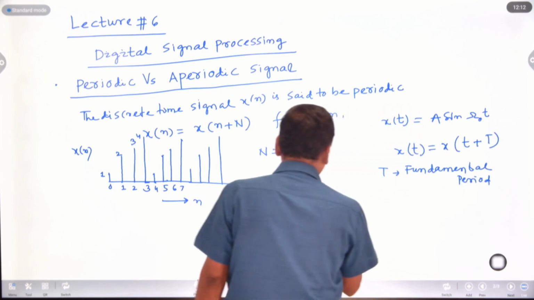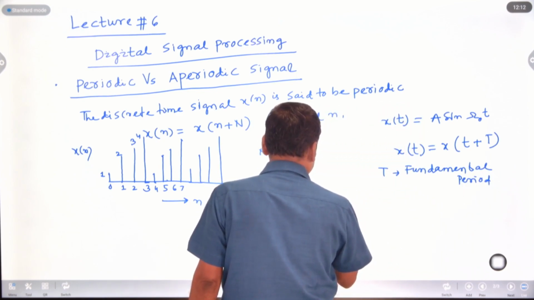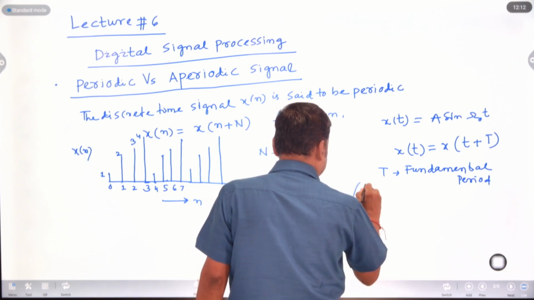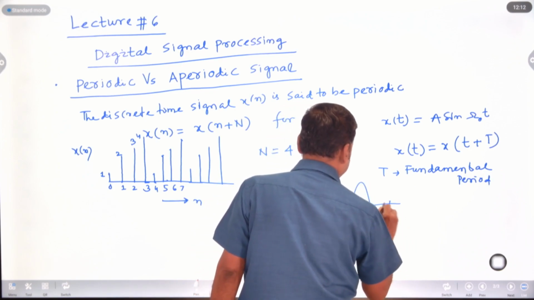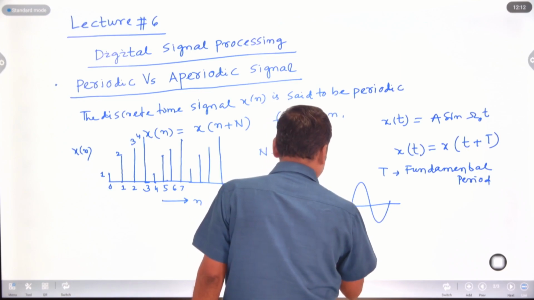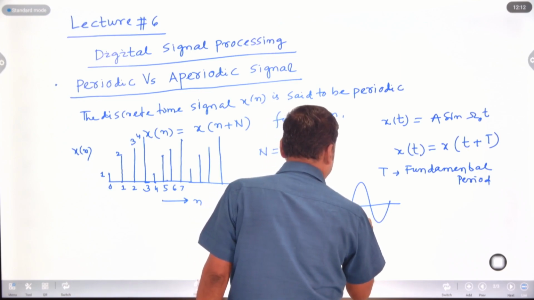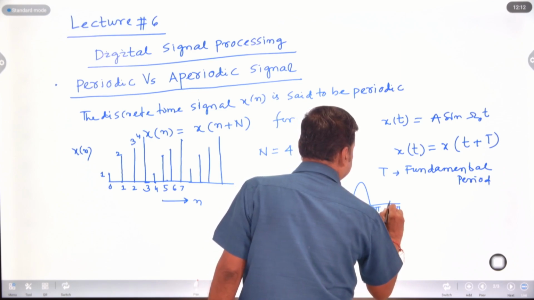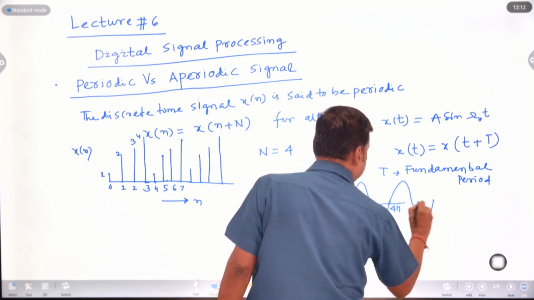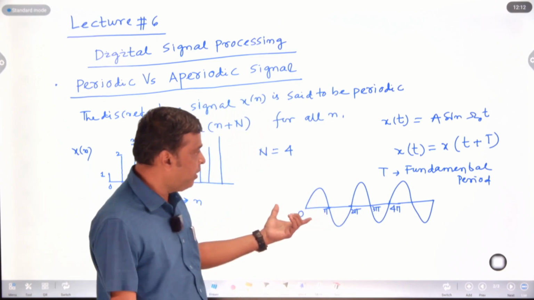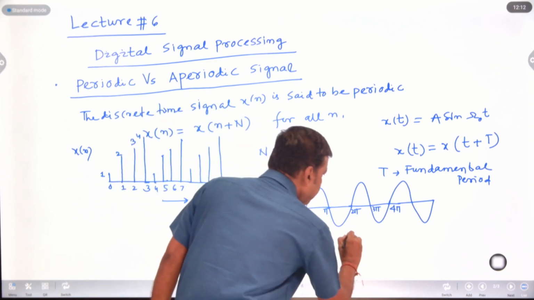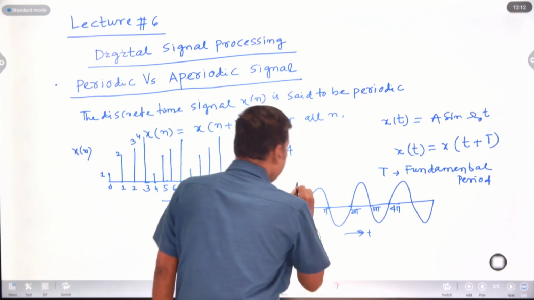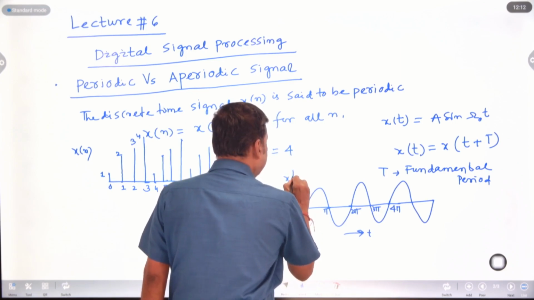Suppose this is a sinusoidal continuous time signal. This is 0, this is pi, this is 2 pi, this is 3 pi, and this is 4 pi, like this. If you observe here, the x-axis is t and the y-axis is x of t.